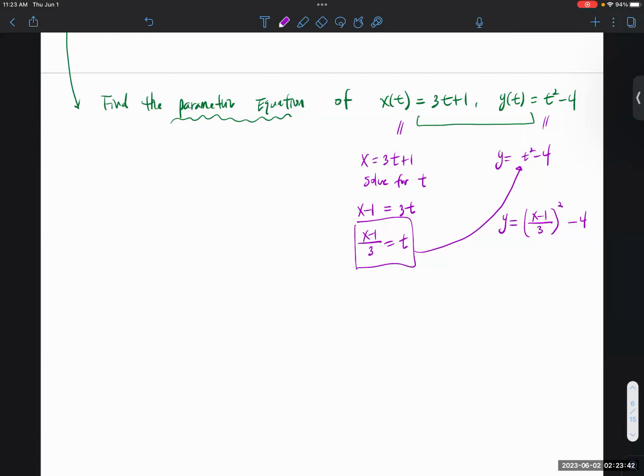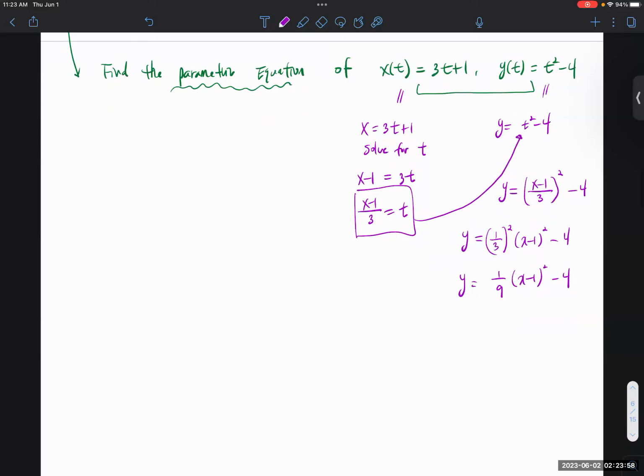So let's solve it. Y equal to, what happened? You're going to expand it. So basically 1/9 times (x minus 1) squared minus 4. This is a quadratic. So what does it mean?